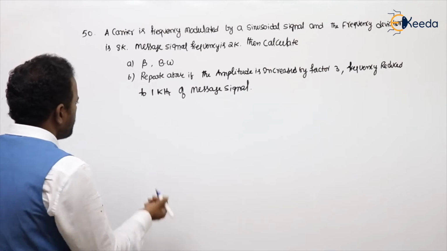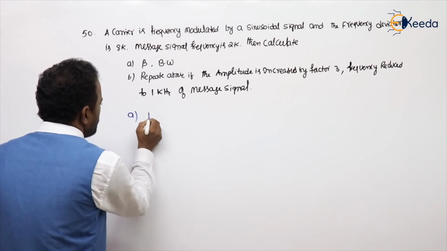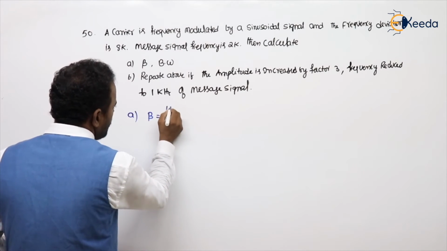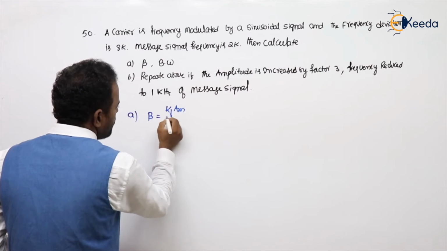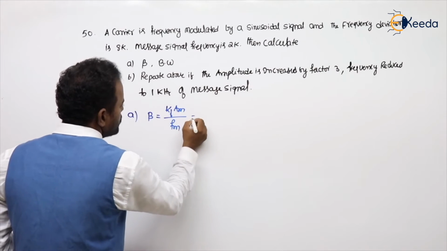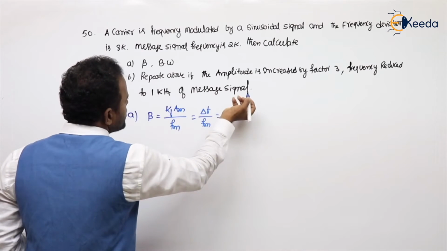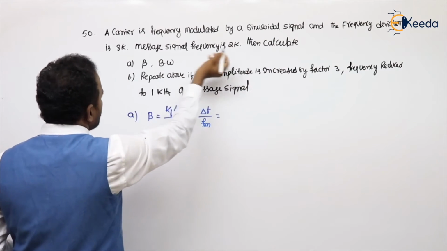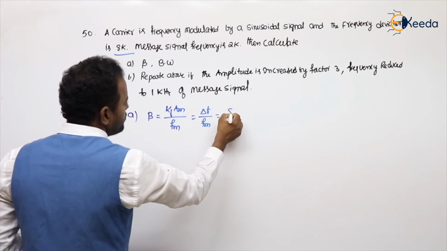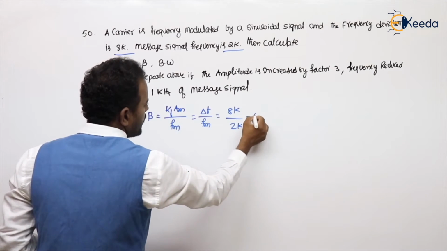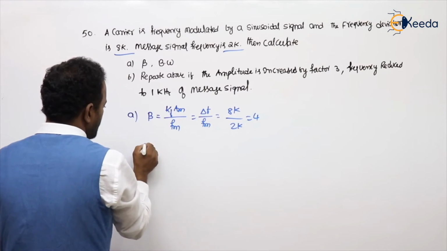First, the first problem. Calculate modulation index. What is the modulation index formula? KFAM by FM, which is nothing but delta F by FM. What is delta F given? Frequency deviation 8K. Message signal frequency 2K, then it will be 4. 4 means greater than 1.